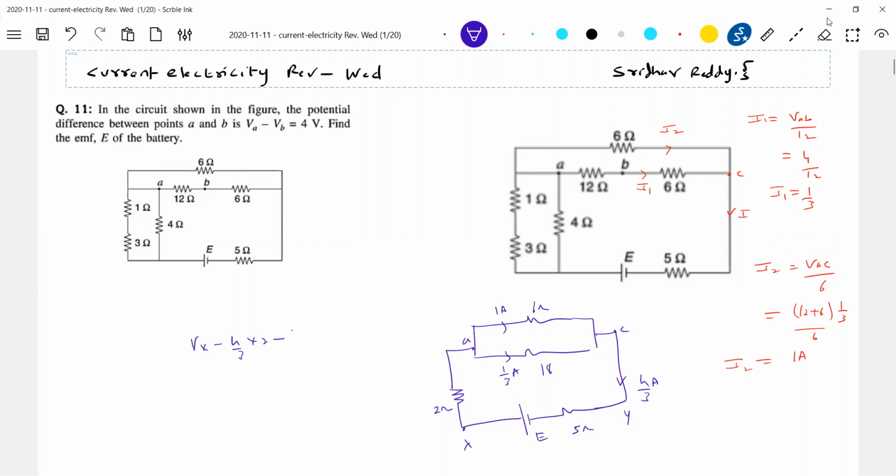VAC is equal to 6 volt. Eight by 3 plus 6, 6 threes are 18, 18 plus 8 is 26 by 3 volt. Now Vxc is equal to Vxy.